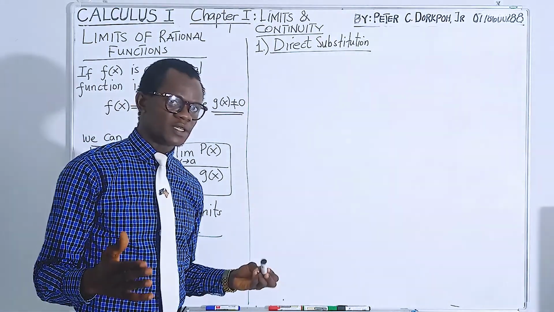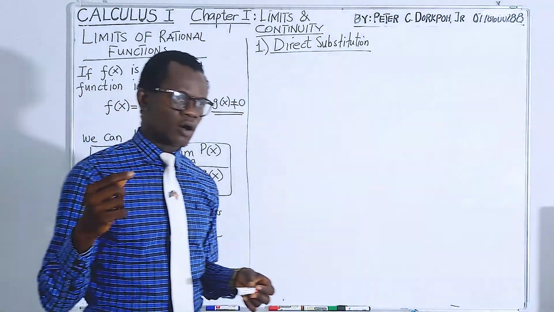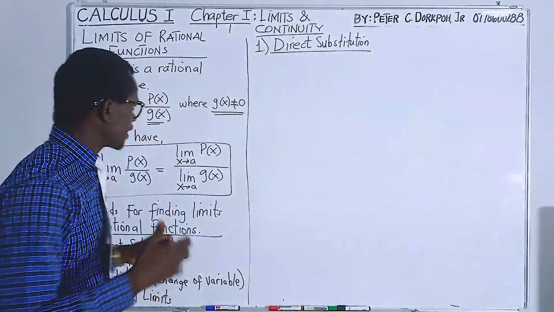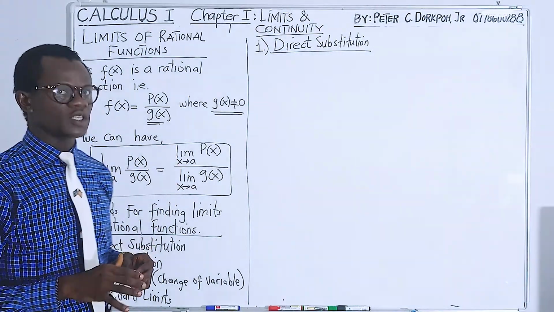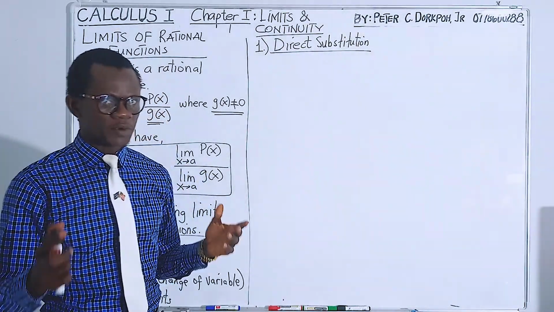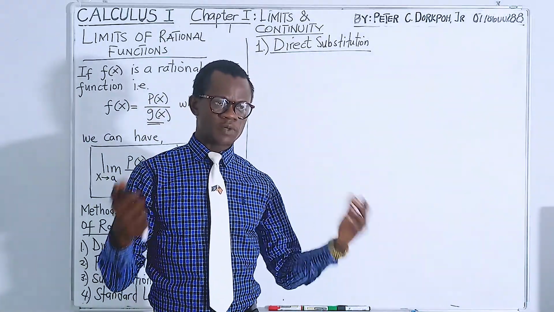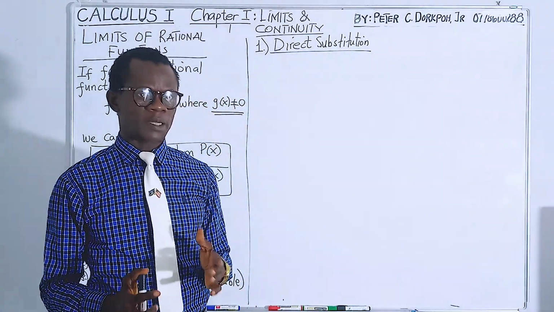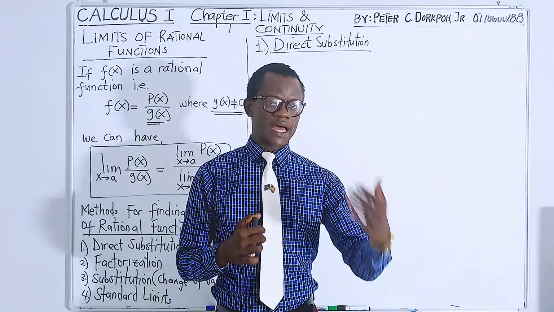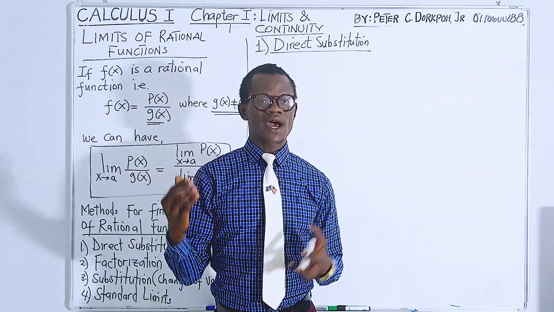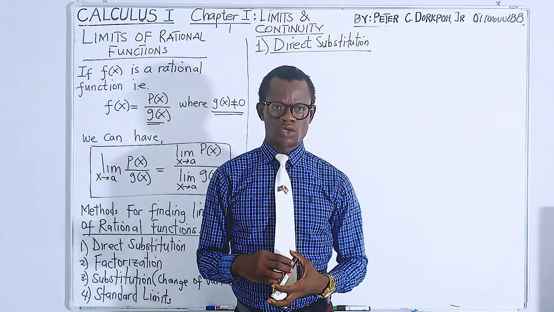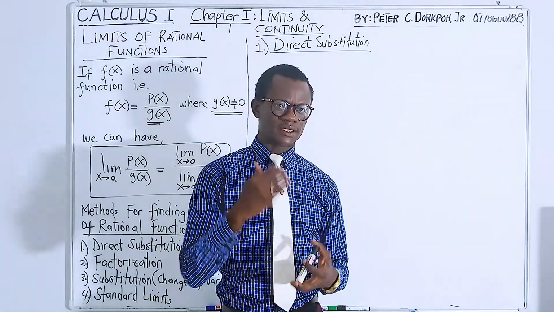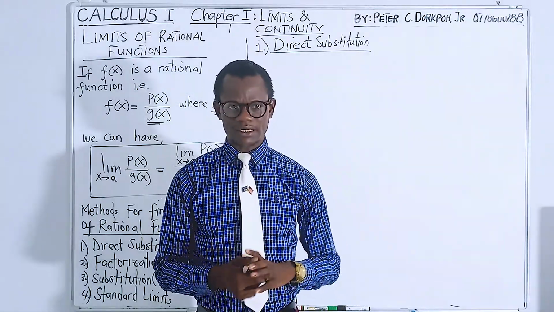But there will be some rational functions for which g of x will be equal to 0 from the beginning, when you try to apply the limit. So based upon the fact that we experience problems wherein our denominator expression equates to 0 when we apply the limit, we now try to bring in other methods to avoid the case wherein the denominator will immediately go to 0 when you apply the limit directly.